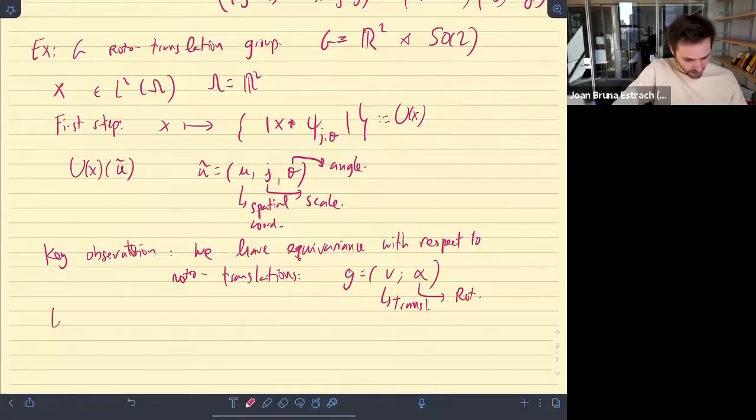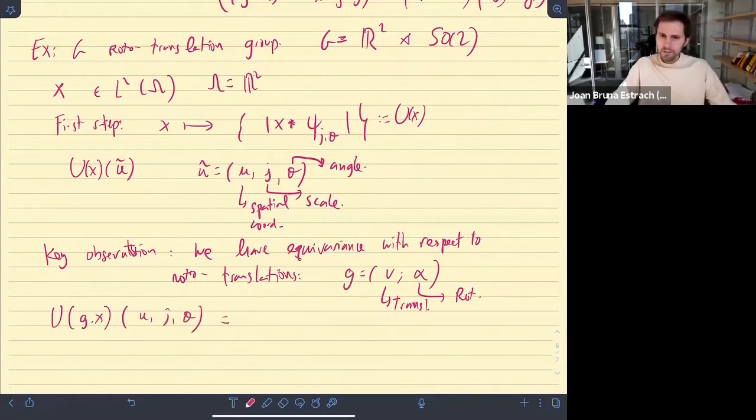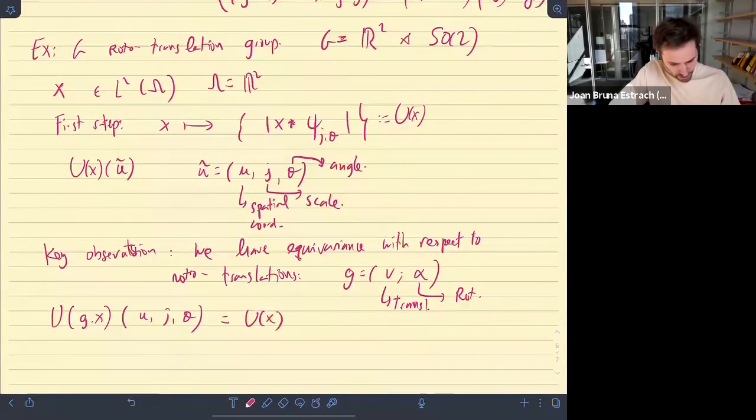Then I can take the output of my transformed image, and if I evaluate it at these coordinates, I can now relate the coefficients in the first layer of a roto-translated image in terms of the coefficients of the original image.